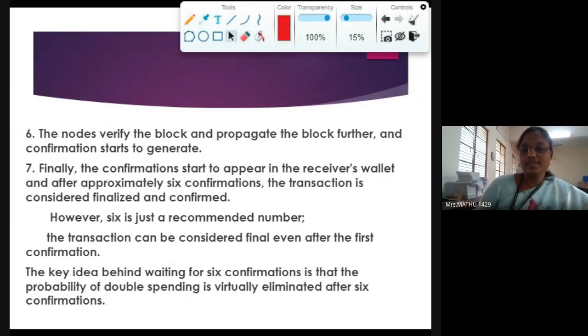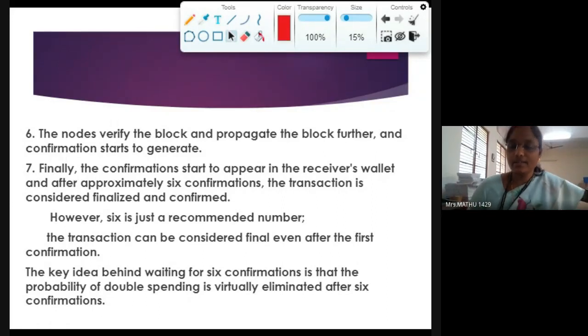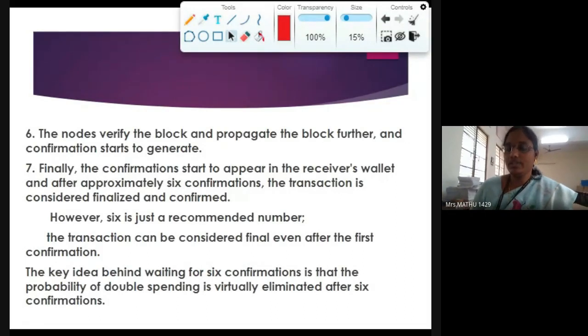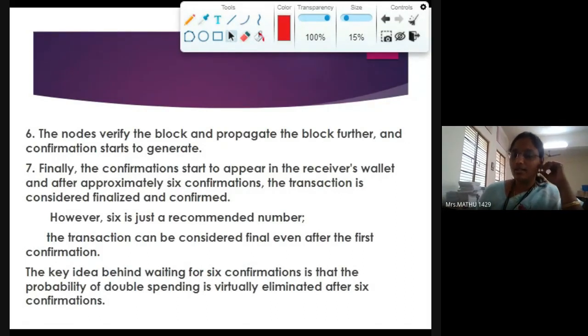Why it is so is that we have seen the double spending problem was there with digital currency, but when several confirmations happen, it is not exactly 6. Even if one confirmation is there, we can add it to the block.